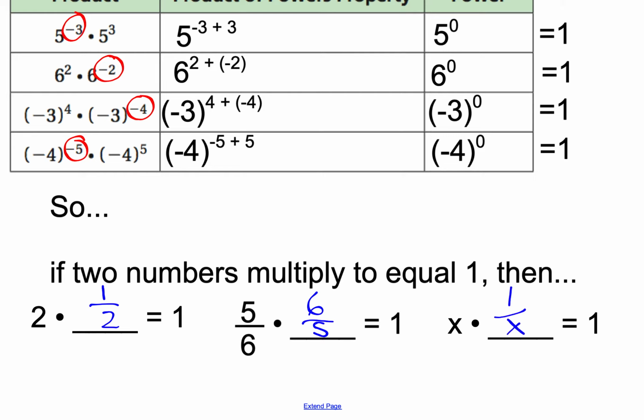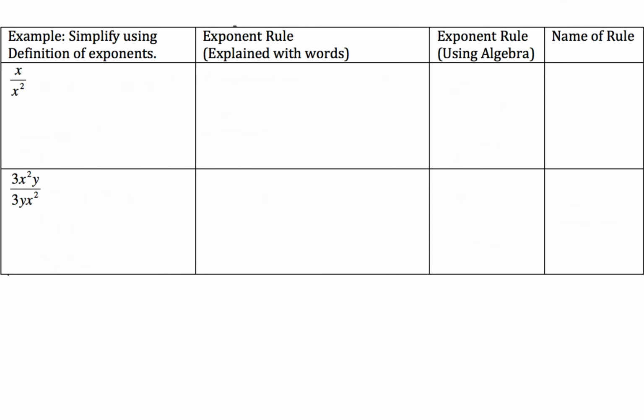So, it looks like when you're dealing with a negative exponent, like x to the negative 1, that's the same thing as 1 over x. Negative exponents cause reciprocals. Okay, so let's look at the overall rule for this, the notes. x over x squared.